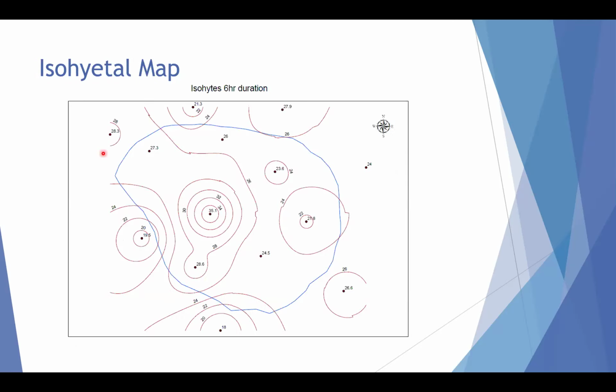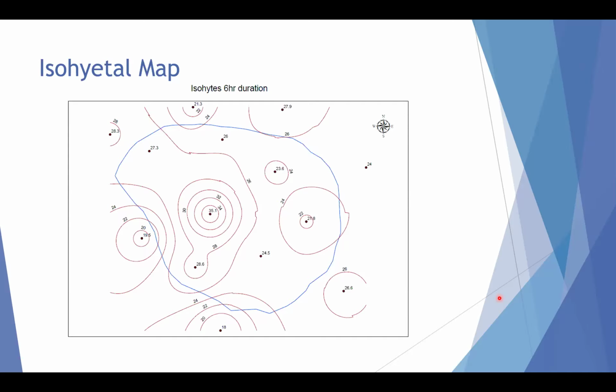So next stage is preparation of isohyetal maps. People who are working in hydrology easily understand what an isohyetal map is. It is nothing but imaginary lines joining equal depth of rainfall. Okay, so similar to your contours.